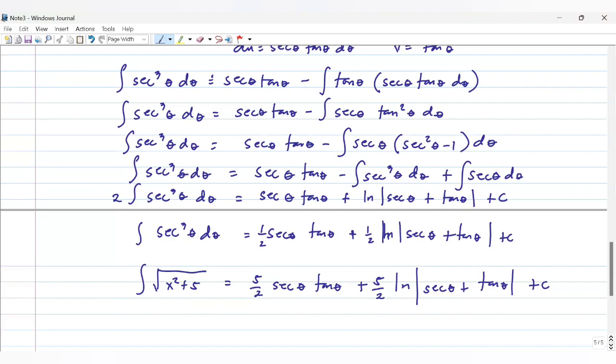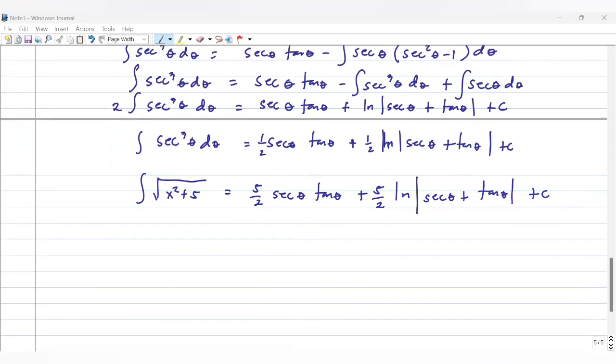Okay. However, the answer should be in the form of the variable x and the numerical 5 there. So we try to get the values of tangent theta and secant theta.